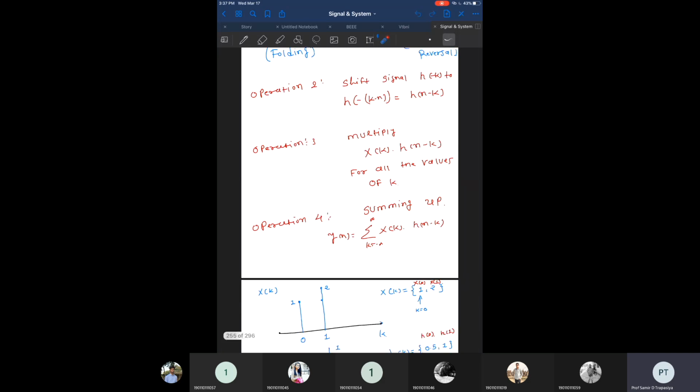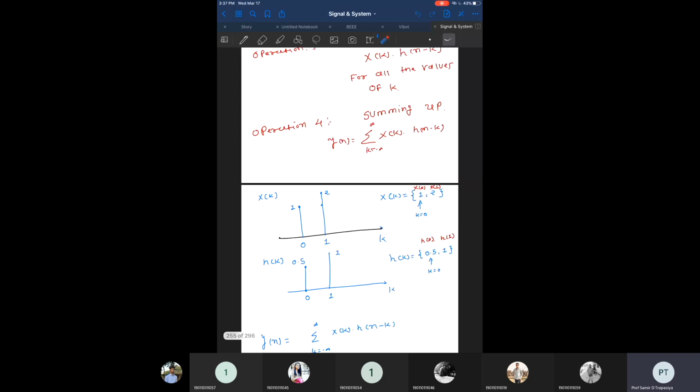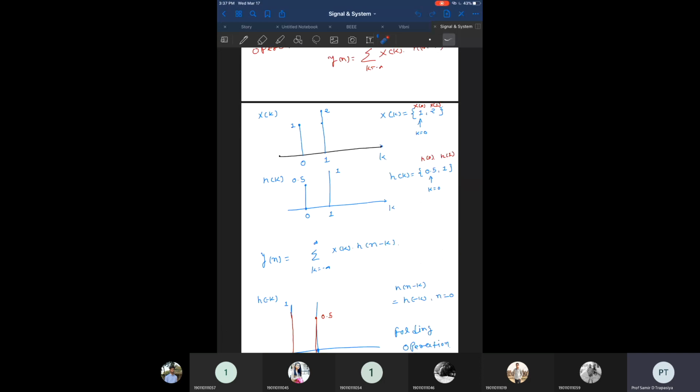So this part we have discussed, and we took one example where x of k is given at k equal to 0 and k equal to 1. The two values obtained are 1 and 2, and this is x of k, represented by the amplitude over here.